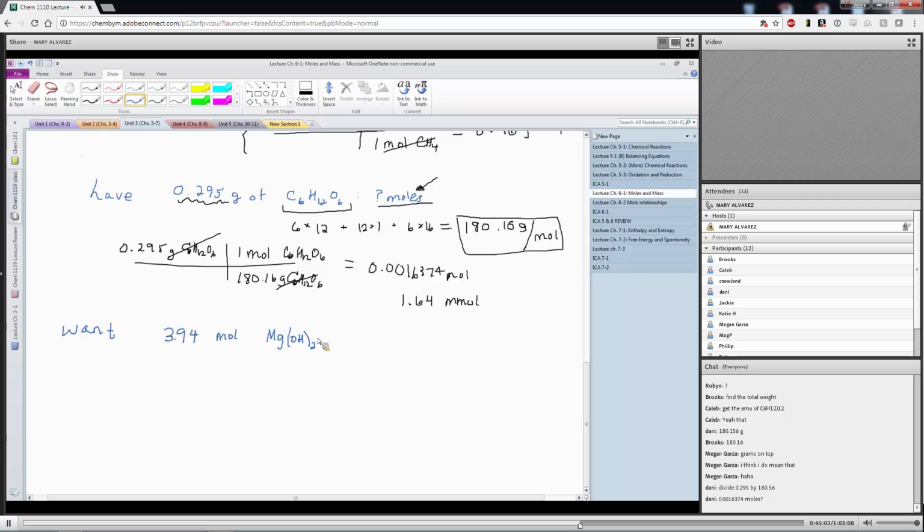If that's how much I want, then how many grams should I be weighing out to give me that many moles? Help me out here. What's the first step I'm going to need to be able to do? Molecular mass of, or molar mass of my magnesium hydroxide.